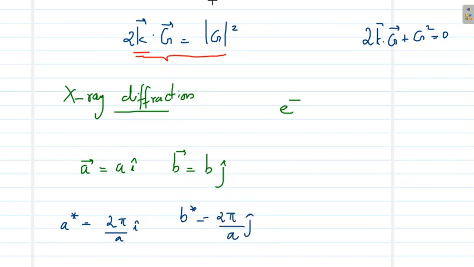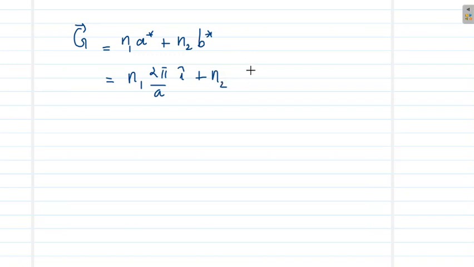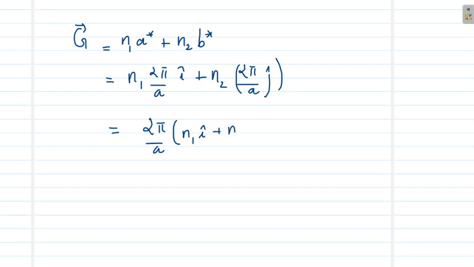With these basic vectors, we can construct the reciprocal lattice translation vector g bar as n1 a star plus n2 b star. So it will be n1 into 2 pi by a i cap plus n2 into 2 pi by a j cap. It will be simply 2 pi by a into (n1 i cap plus n2 j cap). So this is the translation vector in the reciprocal lattice.